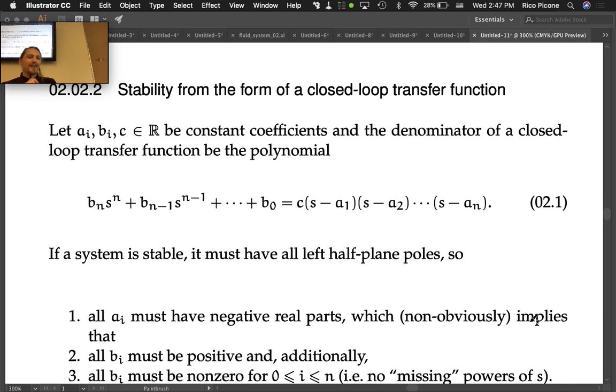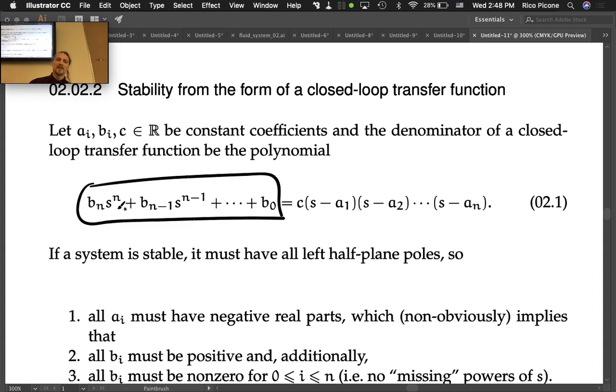So let's do that. You can represent the denominator of the closed loop transfer function in either this polynomial form that we are used to seeing, which is this descending order of exponent, or you can have this factored out version, which allows you to see that the poles are like A1, A2, etc. So we can say the following about these two representations.